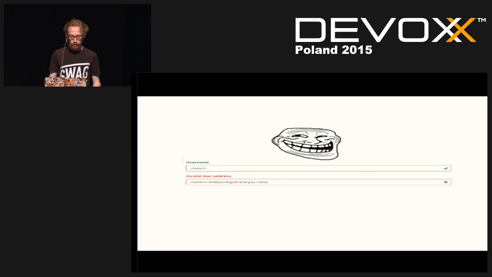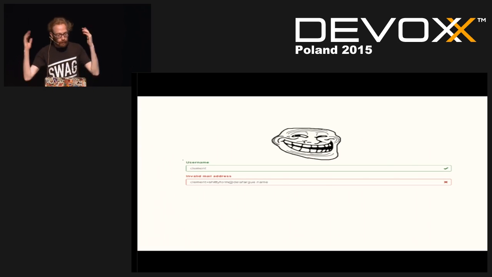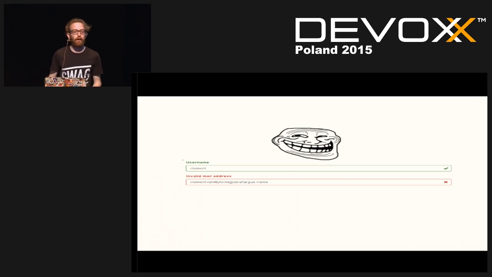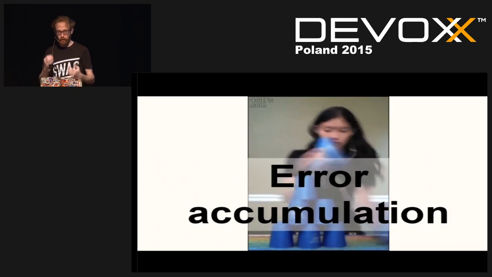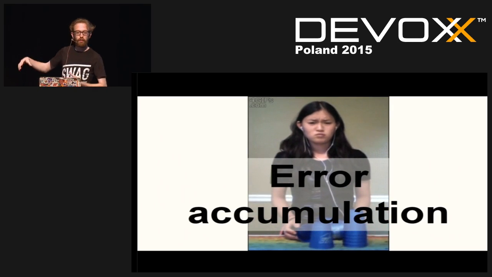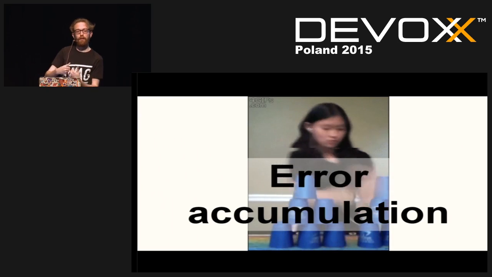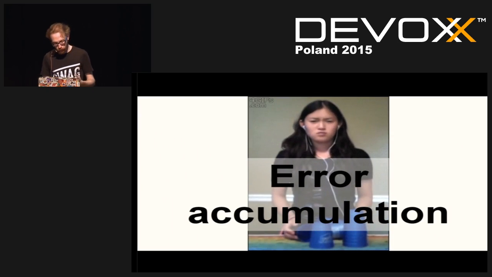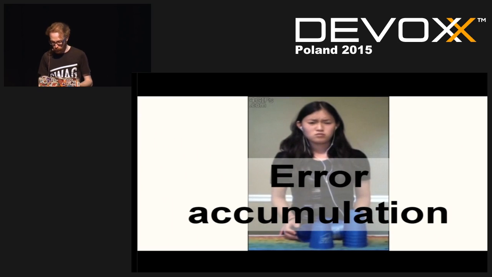And just tell me all the errors. I don't want to refresh a page for 15 minutes just because you're a bad programmer. And Either and disjunction, they forced you into this model. Sometimes you want to be able to accumulate errors, try out different things in parallel and then give back all the errors.